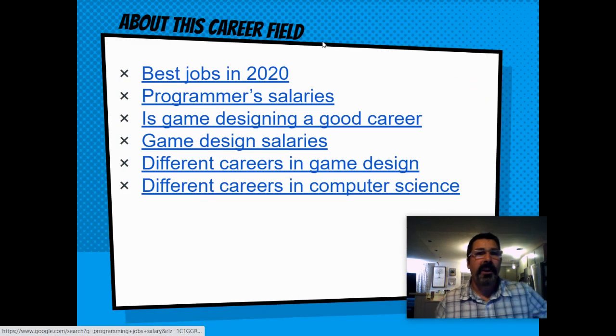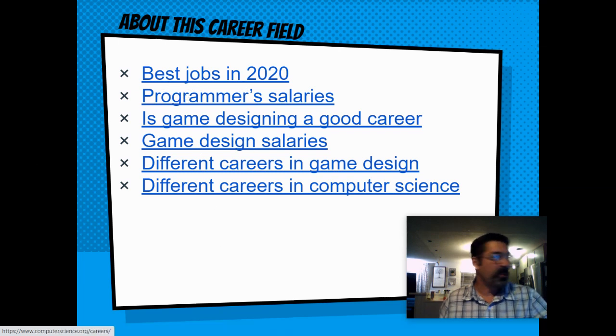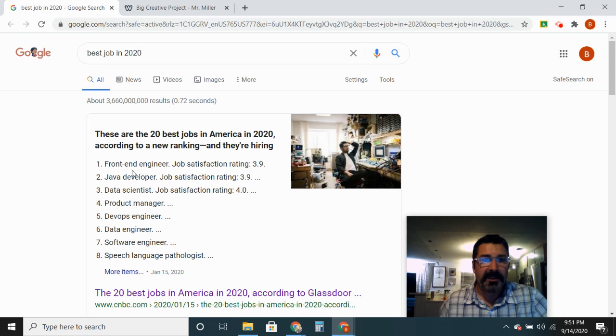All right, so one of the things I want to show you is that I have all these links for kids. I just did a quick Google search: what's the best job in 2020? And one of the things that popped up was this. Take a look: a front-end engineer, that's a programmer. Java developer, that's a programmer. Data scientist, that's a programmer. Data engineer, that's a programmer.